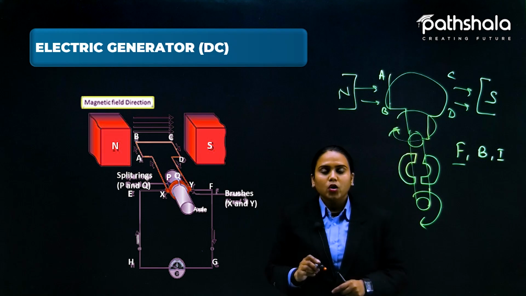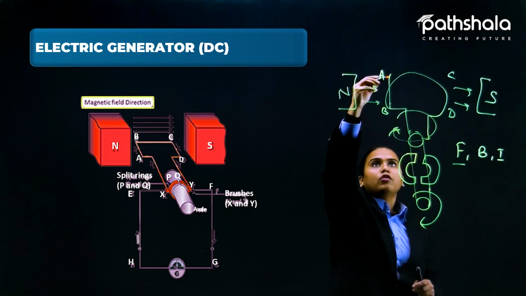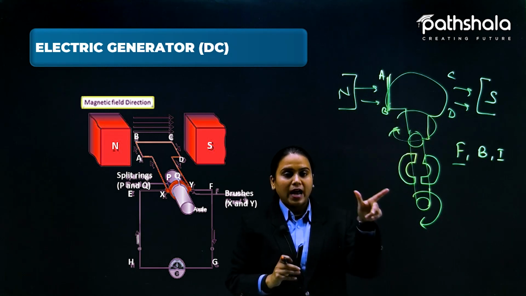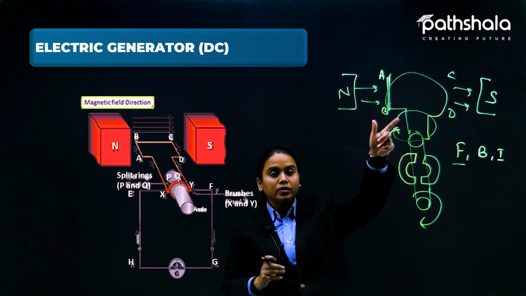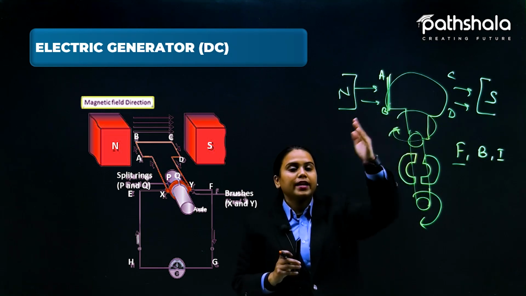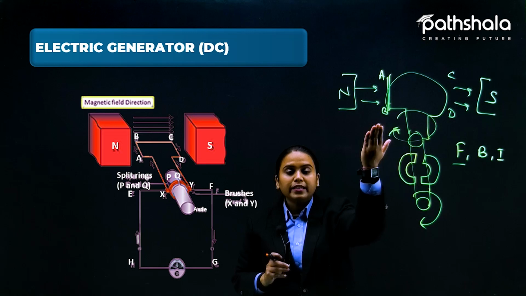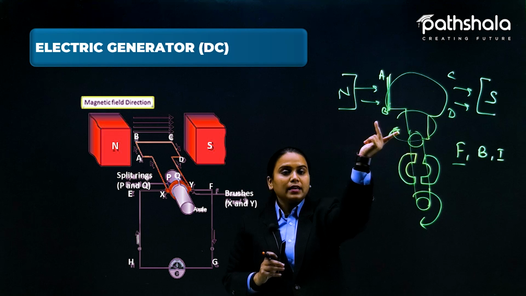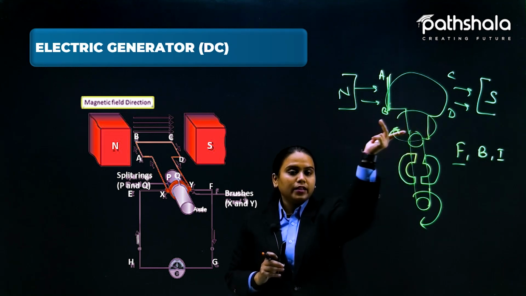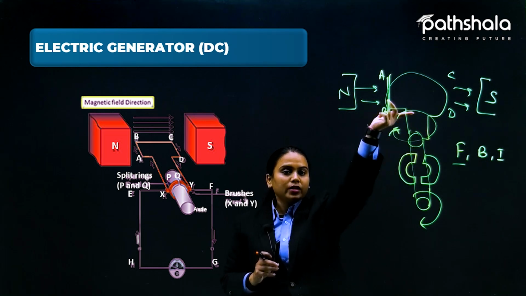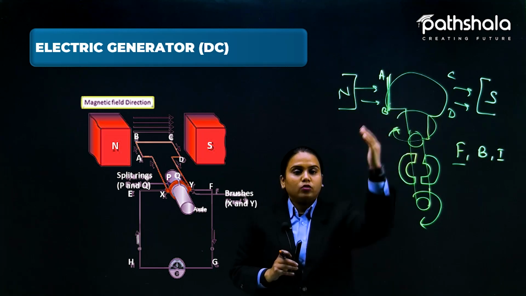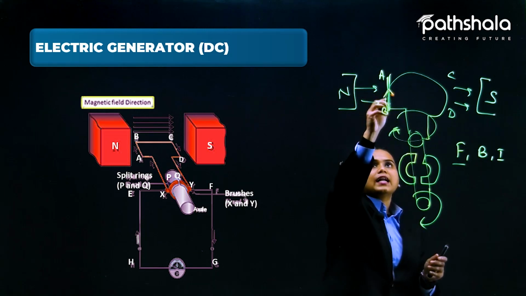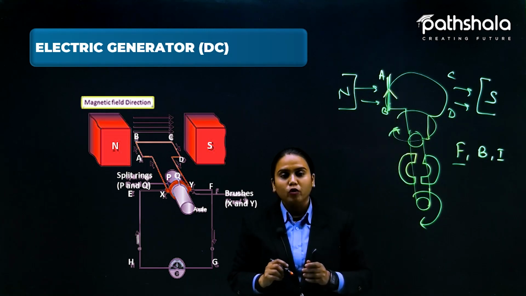Fine students? Now you can see that for this particular phase, by using Fleming's right hand rule, the force means it is going to move in the clockwise direction, that means the AB side is coming in the upward direction. So F is like this, B is in the direction of north to south, the magnetic field direction, force is upward, and I will be this one. So we can say that this is I and it is going to be upward here.